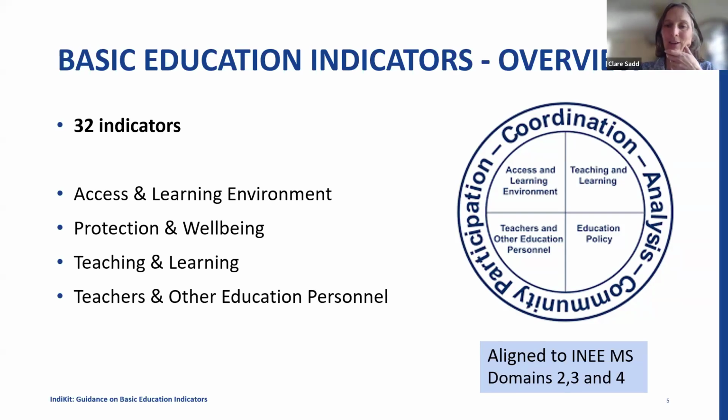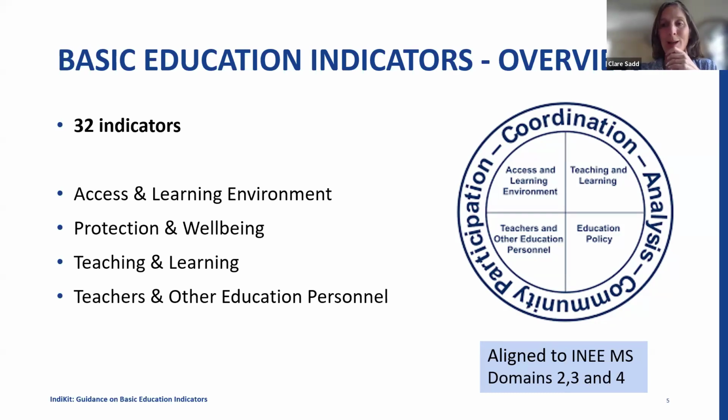And we also haven't currently included indicators on domain 5, which is on education policy. And to make sure it's clear, this is not because they're not important. Of course they are. But we felt that because the majority of the people who are using the Indikit platform are education practitioners, domains 2, 3, and 4 were the most practical and the most applicable to most organizations like ourselves, like PIN, who are working on education programming.